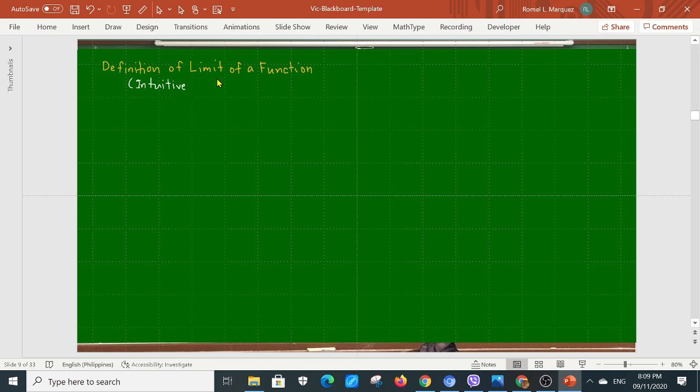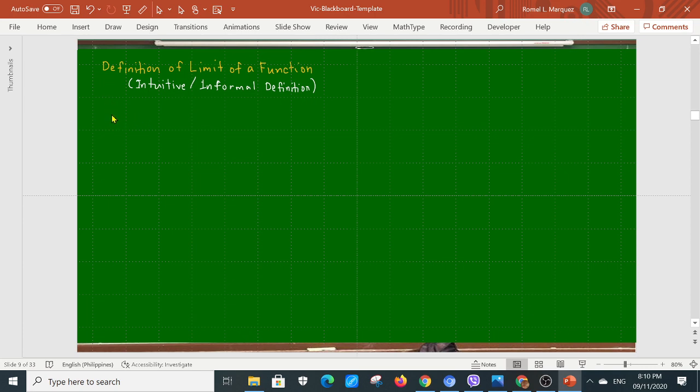Meaning, this is not really the mathematical definition. This is just by intuition. So how do we define the limit of a function? By the intuitive or informal definition.